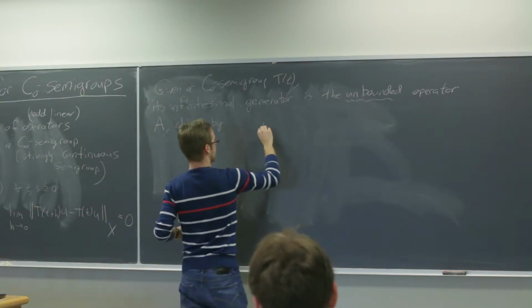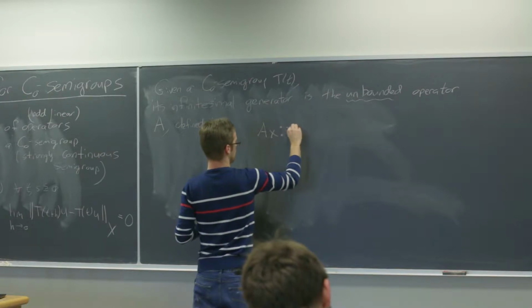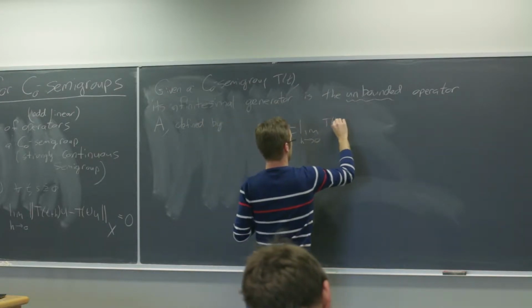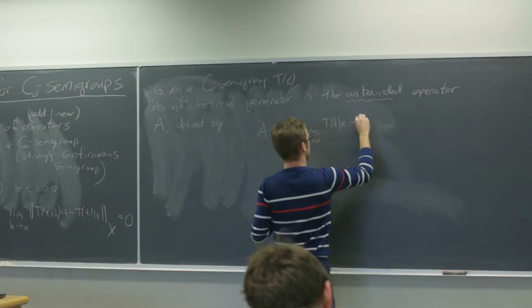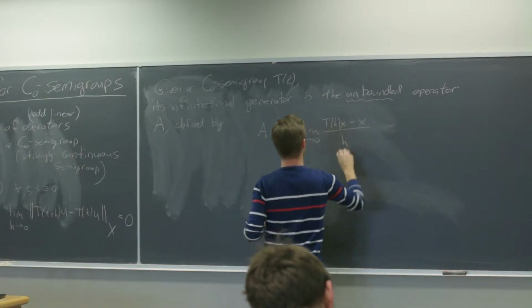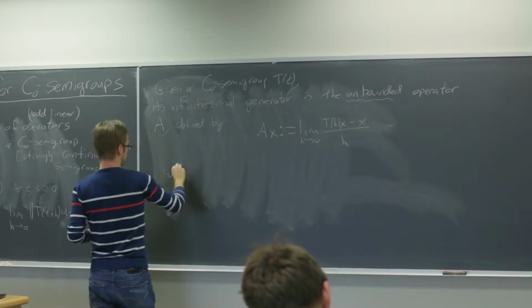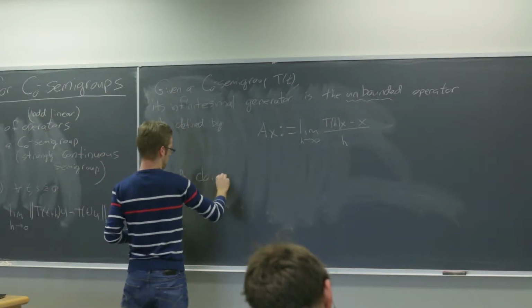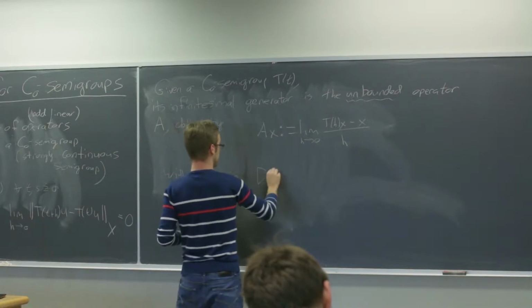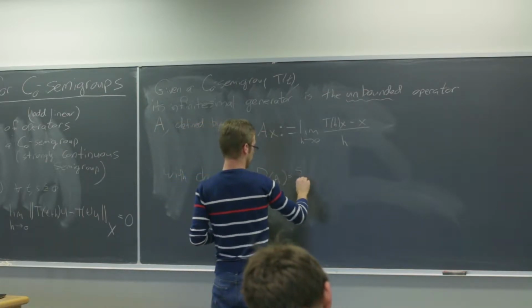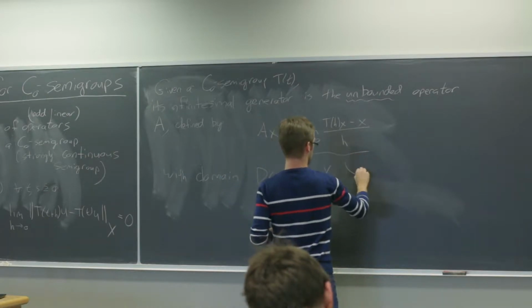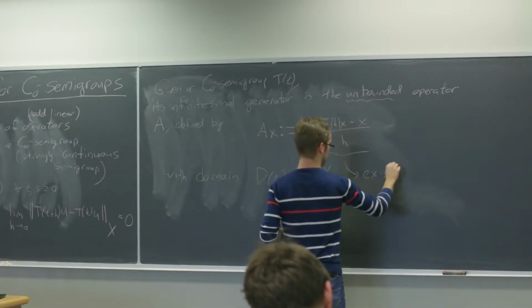A acting on x, by definition, is the limit as h goes to 0 of T of h x minus x, all over h, with domain D of A, the collection of x in your Banach space X such that this limit exists.